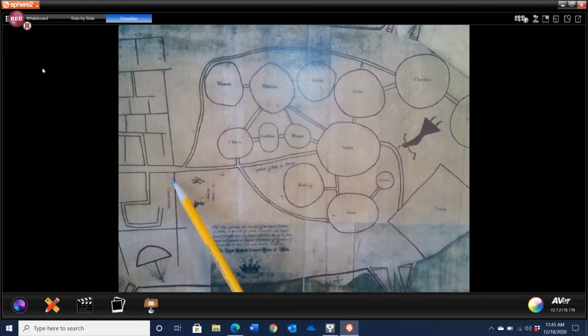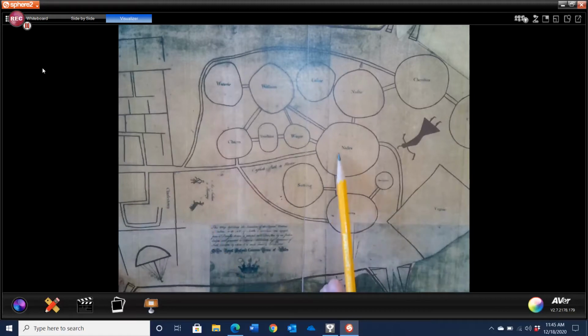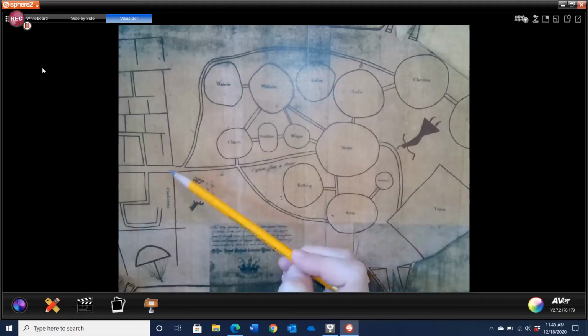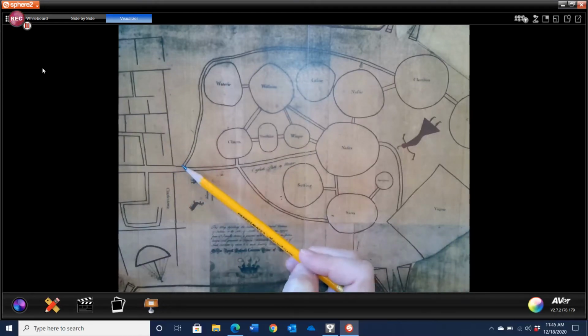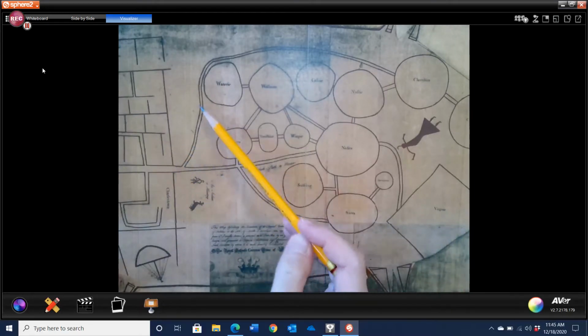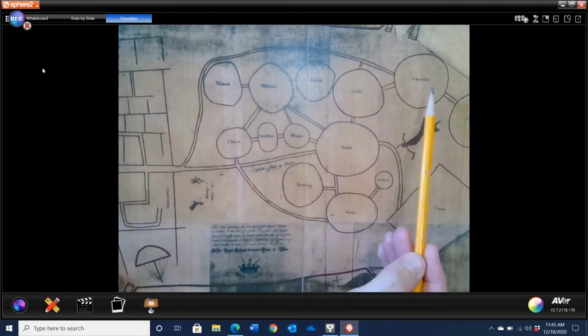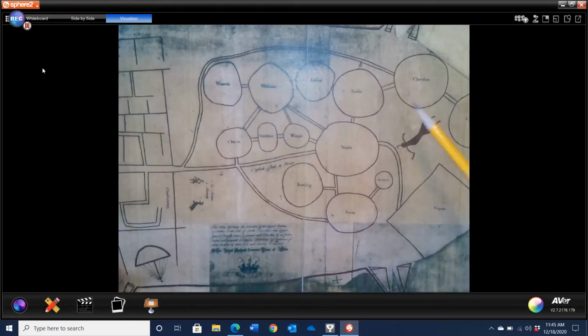So if I was a settler living in Charlestown, perhaps I had a direct path to the Nassau, and then from there to Virginia. All right, I notice also that there's a whole separate path that goes up and around to the Cherokee, and there is not a direct path located here. All right, so perhaps they did not directly trade with each other.